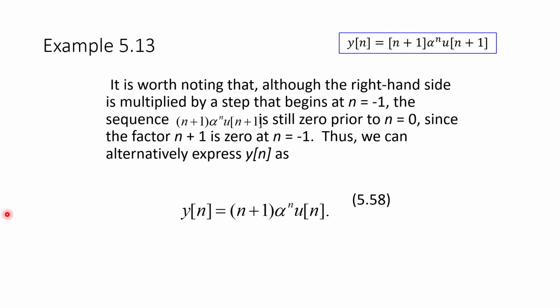Okay? So because of that, you can shift this to u of n instead. So y of n equals n plus 1 alpha to the n u of n. Just to be something nicer looking, because you want to respect the causality of your system. Any question?